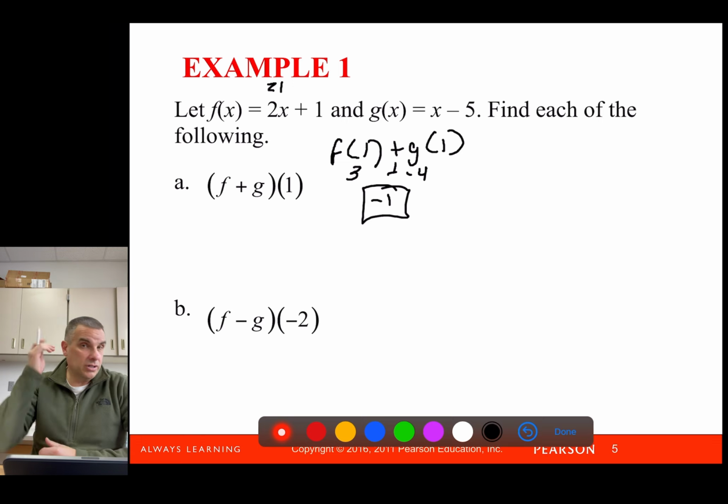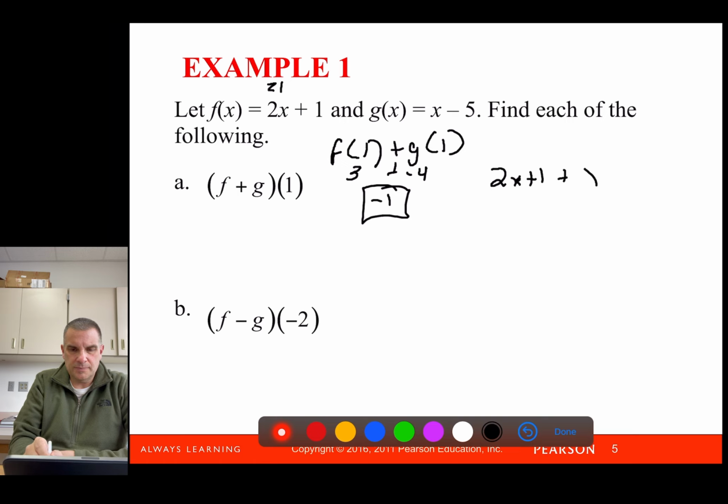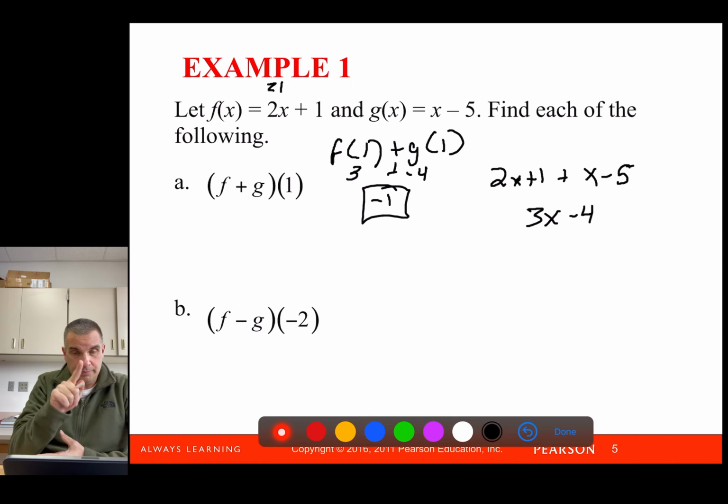The other way that you could do these is you could go ahead and add the two functions together first. So we could go 2x plus 1 plus x minus 5. Simplify that, so that's 3x minus 4. And then evaluate it for 1.